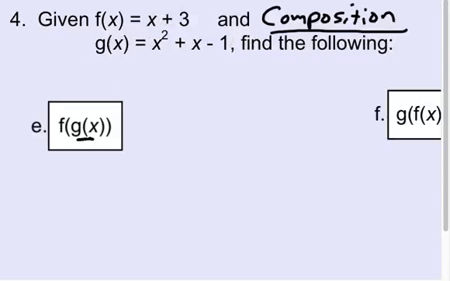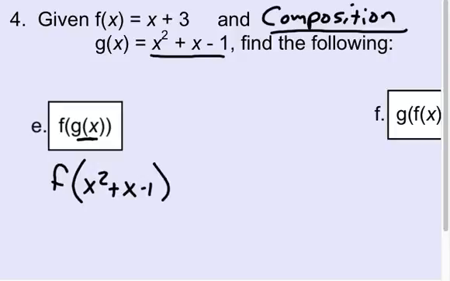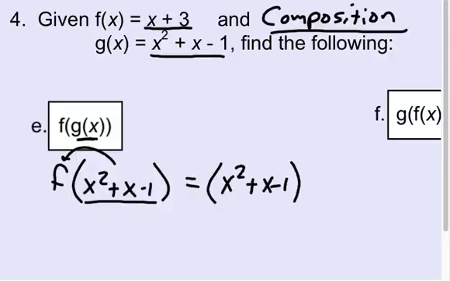Well, what is g of x equal to? This is what g of x is equal to right here. So I want to find f of x squared plus x minus 1. I want to take all of this and plug it into the f function wherever I see an x. So, being f of x is x plus 3, it's x, but my x is now an expression, x squared plus x minus 1, plus 3. Well, now you just simplify.